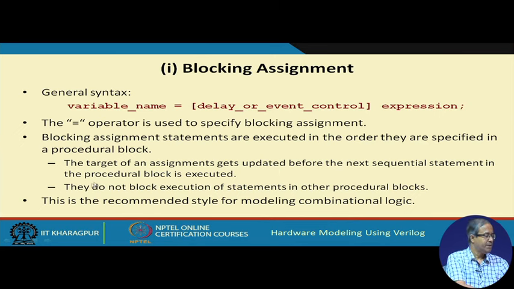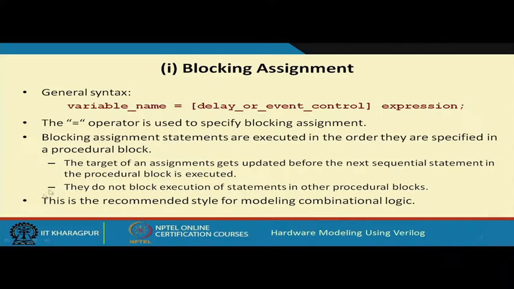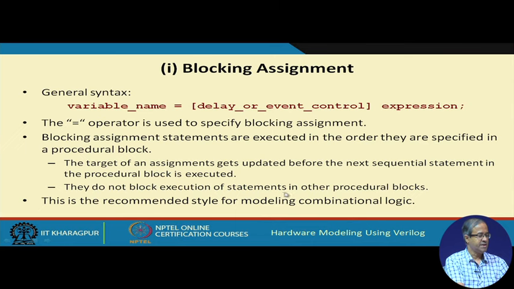But if you have several blocks, suppose I have 2 always blocks, then a blocking statement in one block will not block any statements in the other block. It only applies to the statements inside the same block. They do not block execution of statements in other procedural blocks.